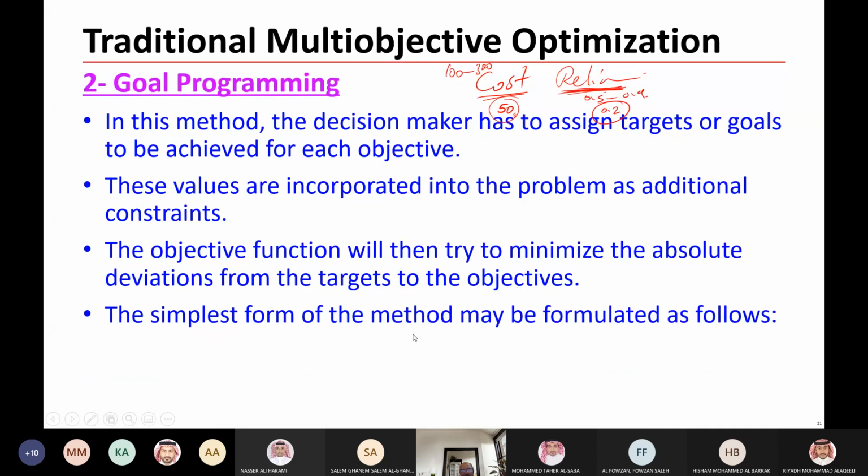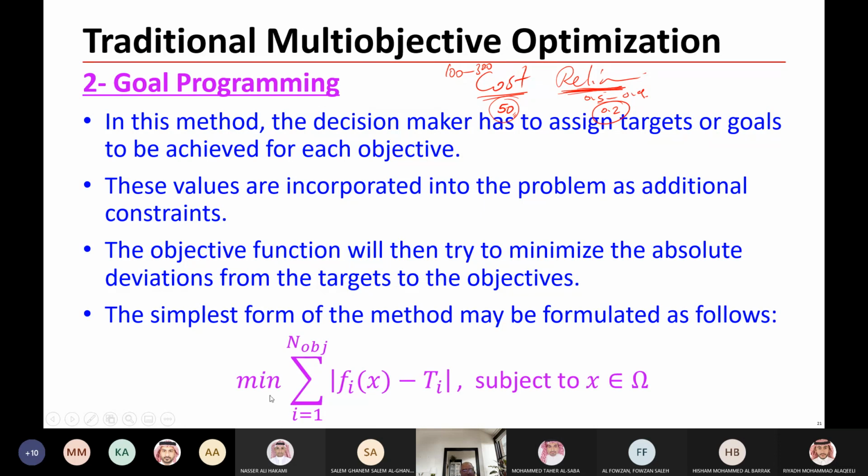And the simplest form of the solution can be formulated as such. You have several objectives, and each objective has a certain target. So you can minimize the distance between the objective, or the solution, and its target.